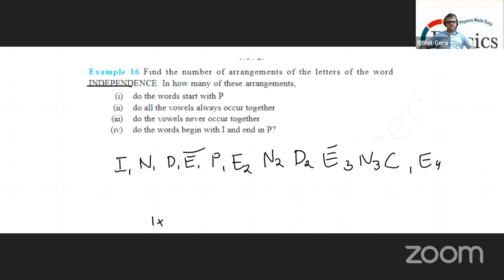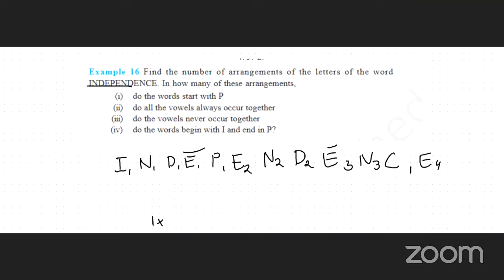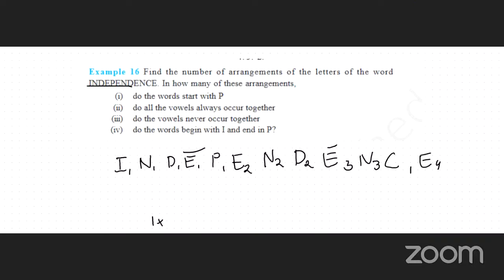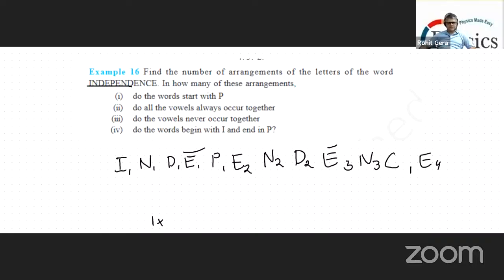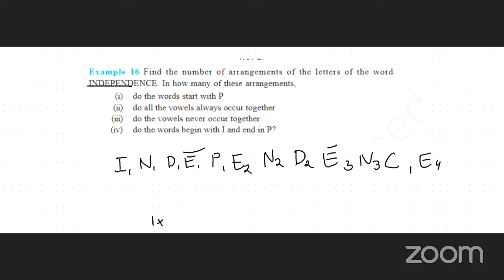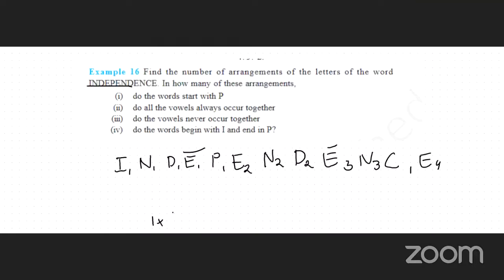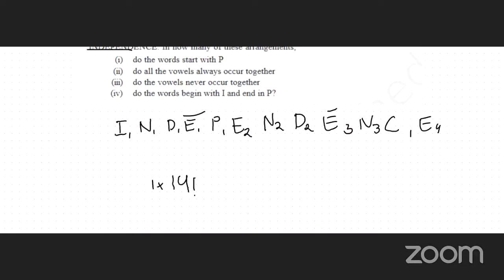That is artificial. So you have to divide by the repetition. You can't distinguish between two E's. There is no way you can distinguish between two E's. So P, 1 into 14 factorial.